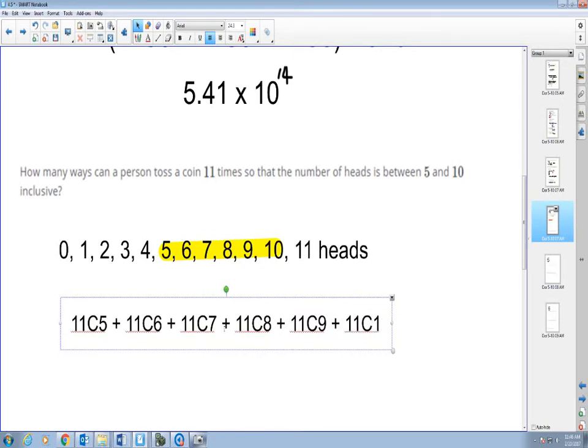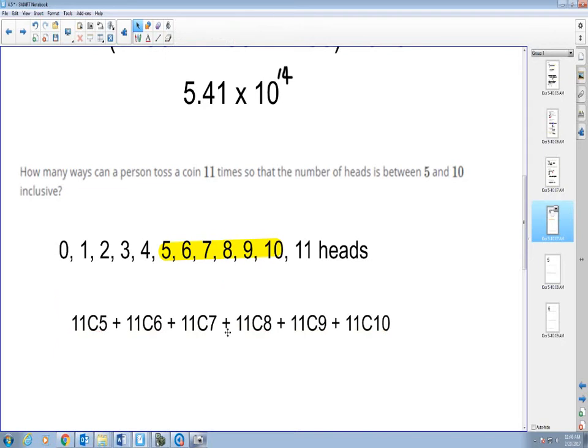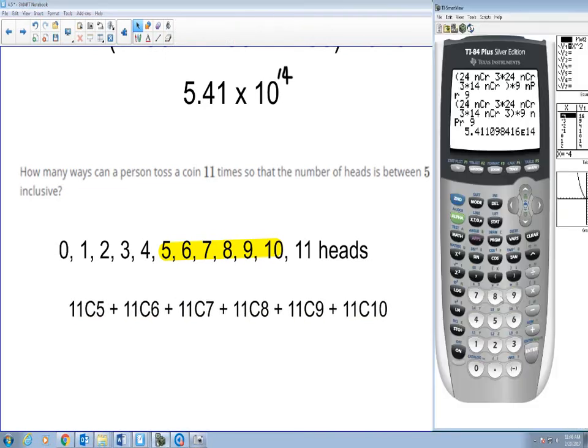Okay, these are my possible scenarios. Alright, so let's do each one and figure it out.